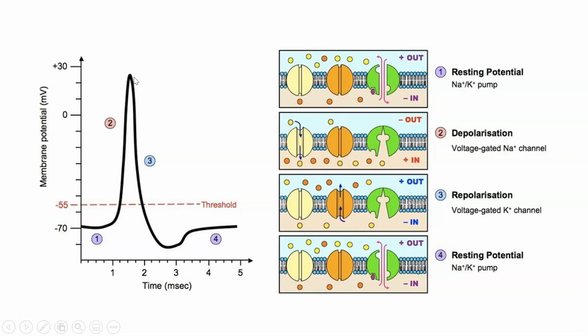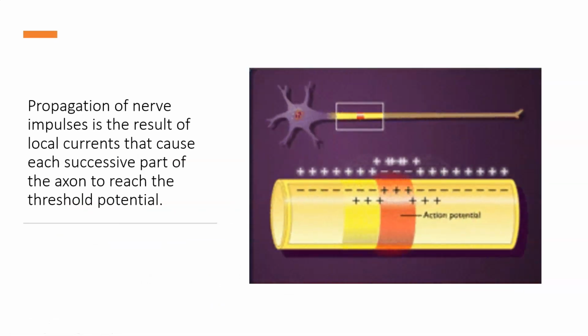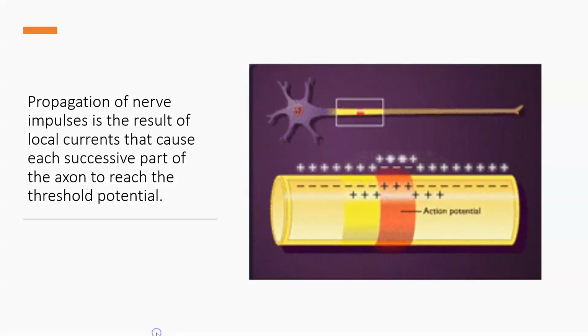Once we've hit that, we then repolarize, and along comes our resting potential again. This is a diagram showing that. Watch your little red bit as it skips along, then it goes back again.